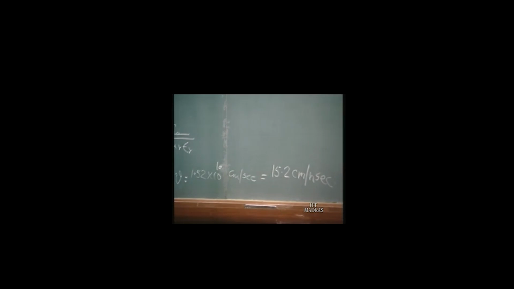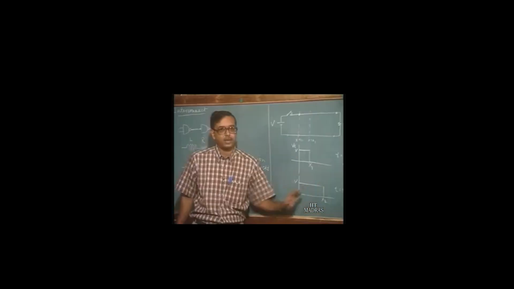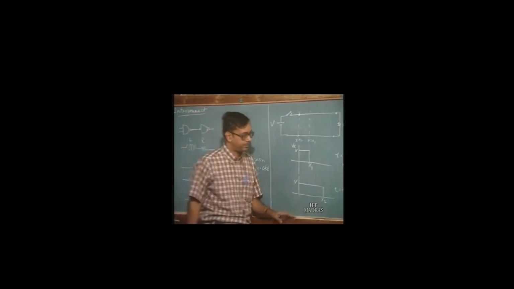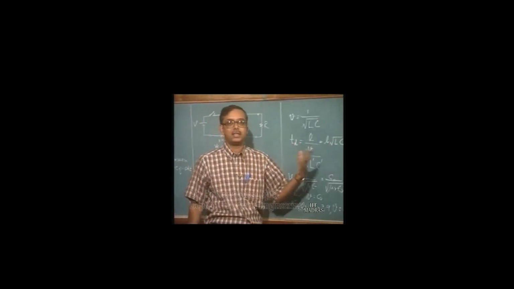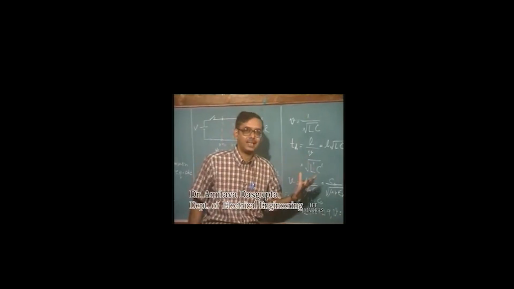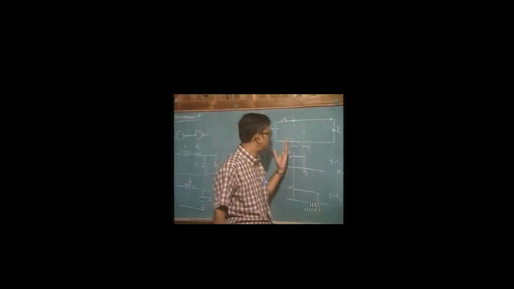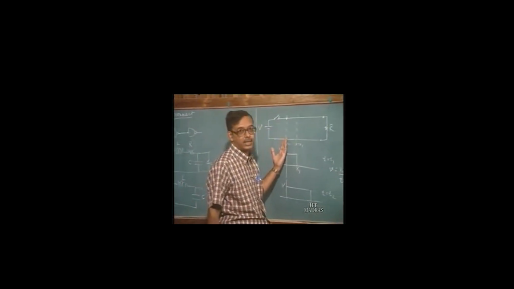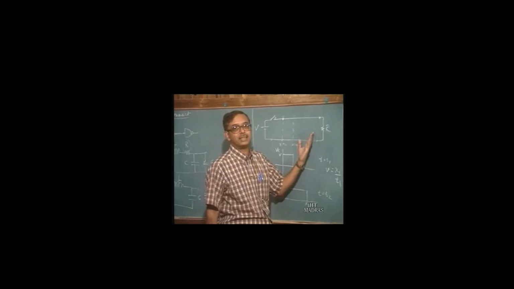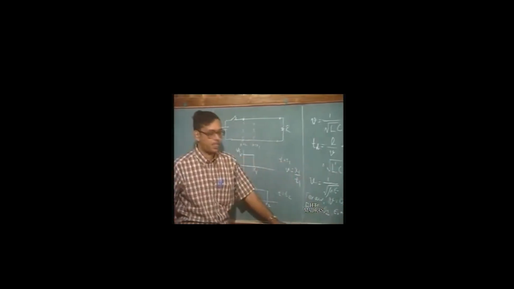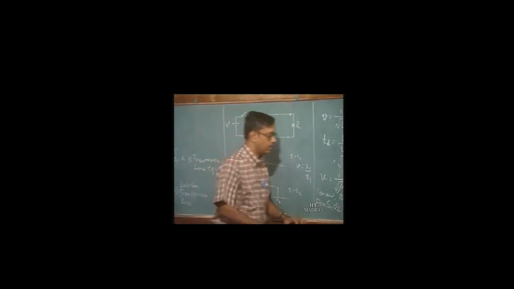That is the velocity with which the wave front will move. As we see, it is not instantaneous. The voltage at the source end of the line is not instantaneously available at the load end. So there is a time lag involved.